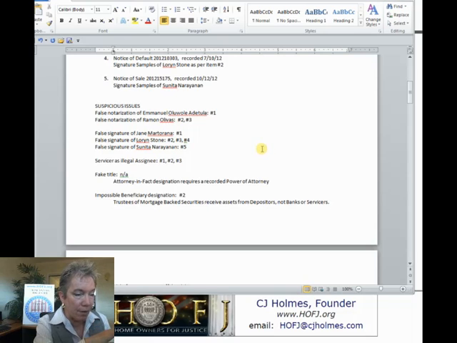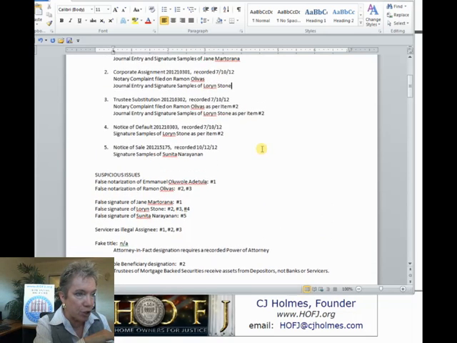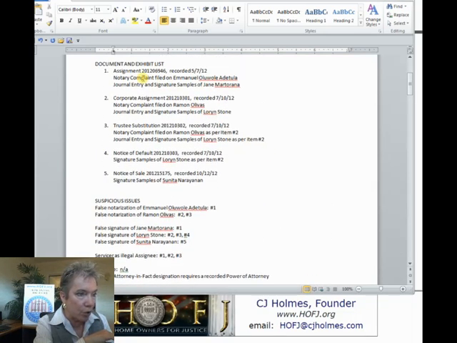Then on the suspicious issues, because there's a notary, and these 2 notaries are the same, there's 2 false notarization claims. I don't know if this person has actually gotten signatures or filed complaints, but that's what they should be doing.